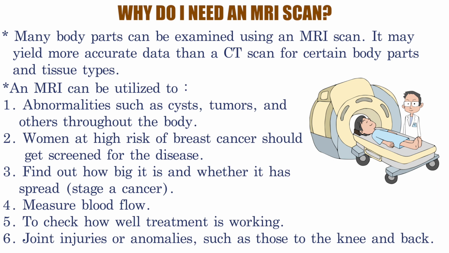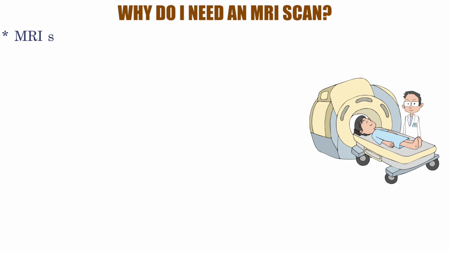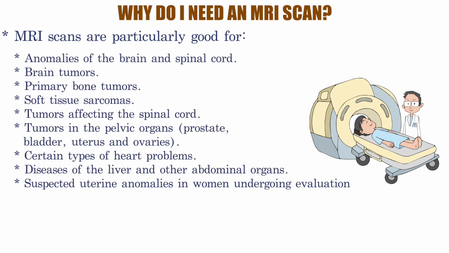Measure blood flow to check how well treatment is working. Joint injuries or anomalies such as those to the knee and back. MRI scans are particularly good for anomalies of the brain and spinal cord.